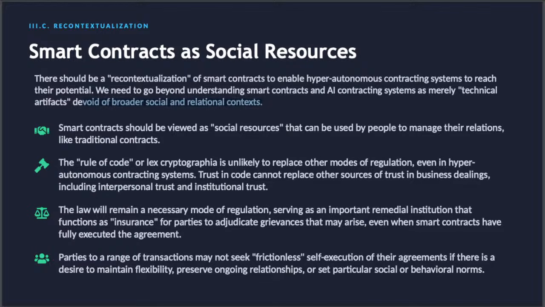There's a market, there's social context. Smart contracts should be viewed as social resources that could be used by people to manage their relations like traditional contracts. The rule of code, or lex cryptographia, is unlikely to replace other modes of regulation, even in hyper-autonomous contracting systems.